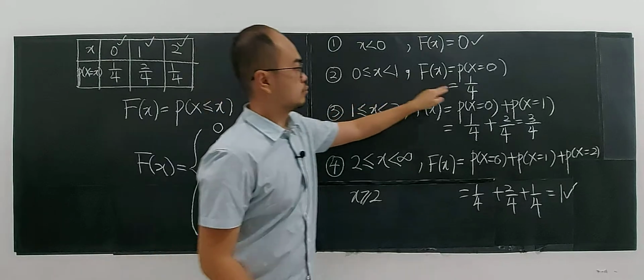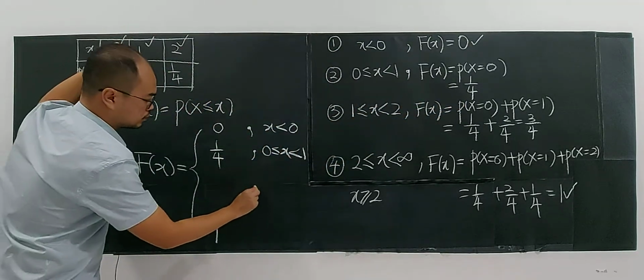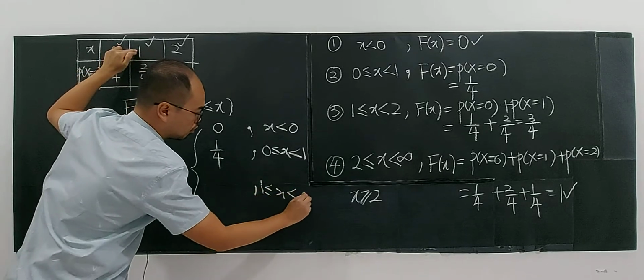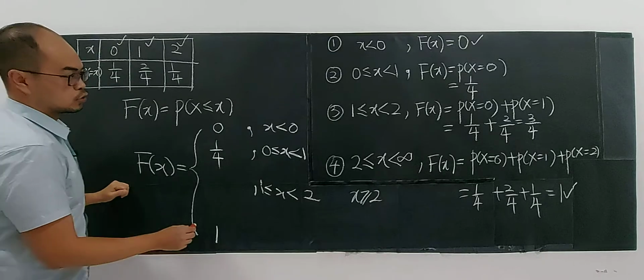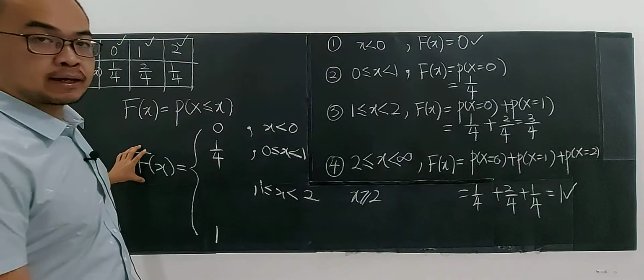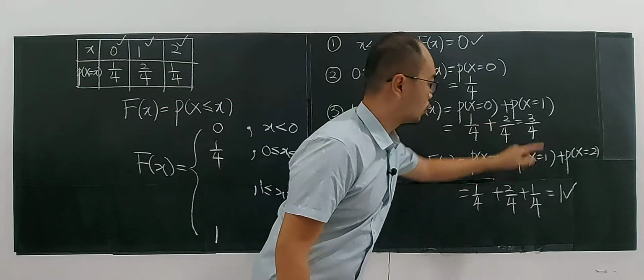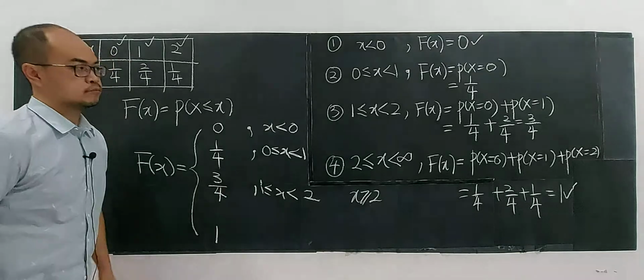After reaching 1 but before 2, the capital F of x is now 3 over 4.